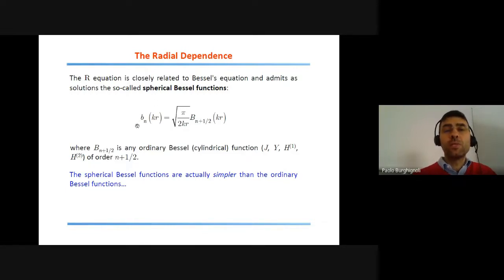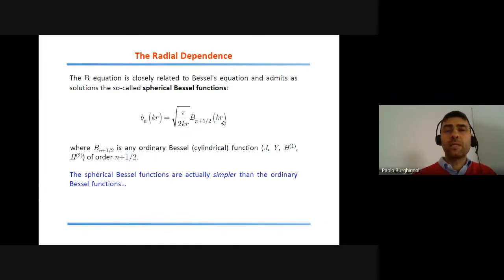We will use the lowercase letter b to indicate a general spherical Bessel function of order n, which, as you can see from this equation, is related to an ordinary Bessel function indicated with the capital letter B, with order n plus 1/2.